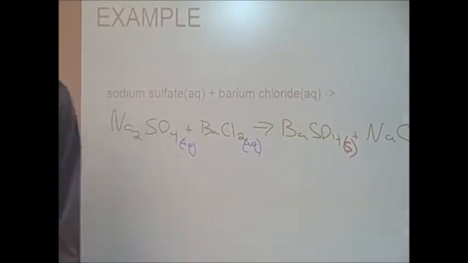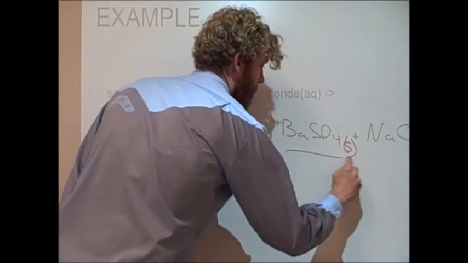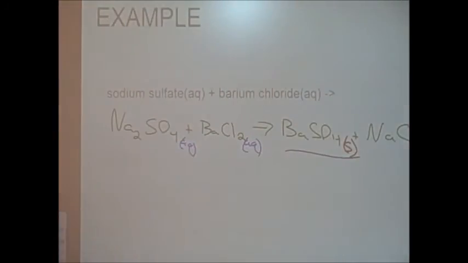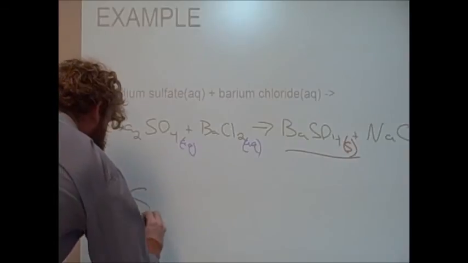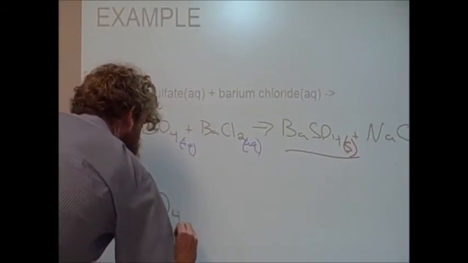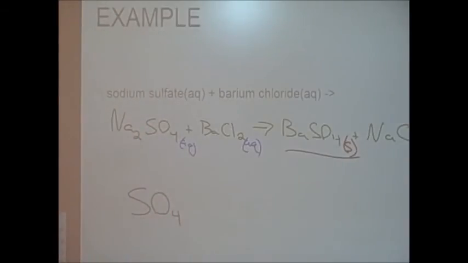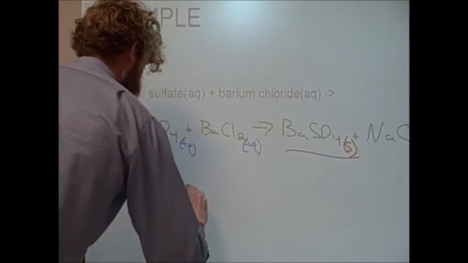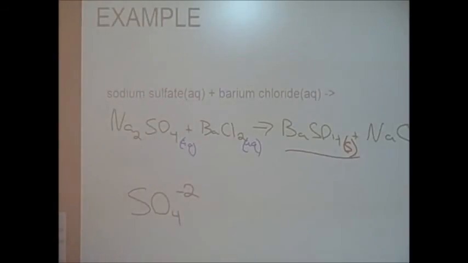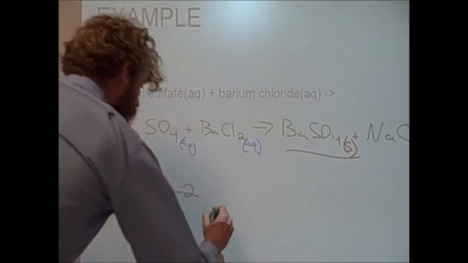With net ionic equations, what you want to do is find your solid and then write the ions that make up that solid. So we have sulfate, SO4, and the charge on that, because we care about the ions, is -2. Because with ions, remember, we have a charge.